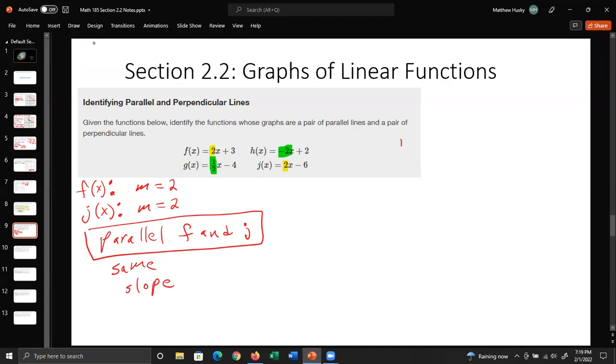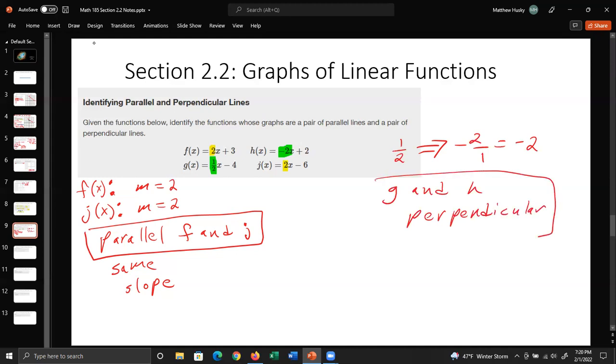If I take 1/2 and do the negative reciprocal, that's going to be -2/1, also known as -2. So that basically means that G and H are perpendicular, and the reason that is the case is because they are negative reciprocals.